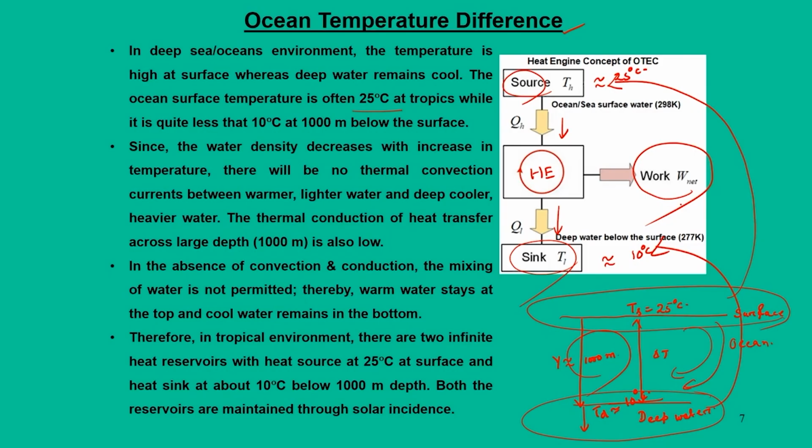Now, here we have two choices. When you say heat engines, we have a choice of working fluids. One possible choice is that the same water can be circulated continuously to produce work, that is, the ocean or sea water.